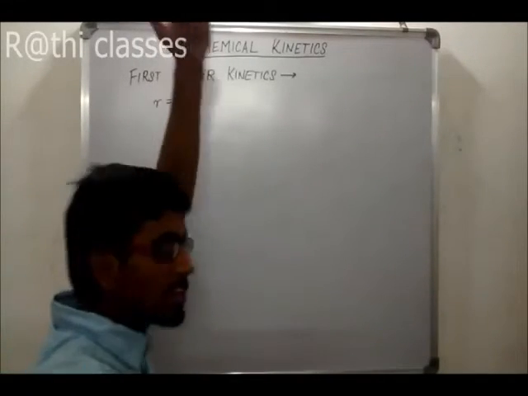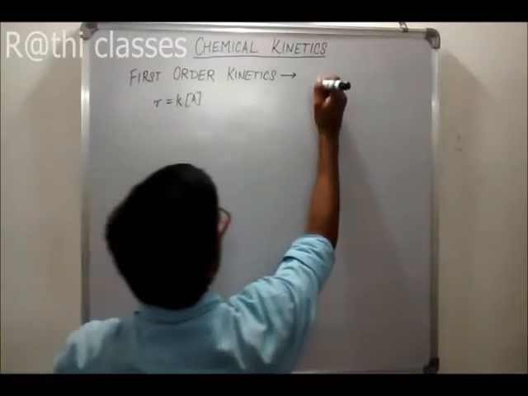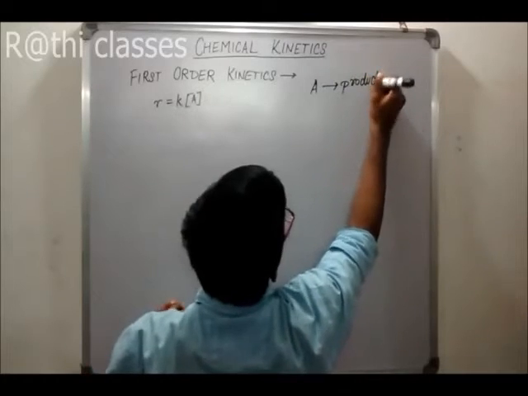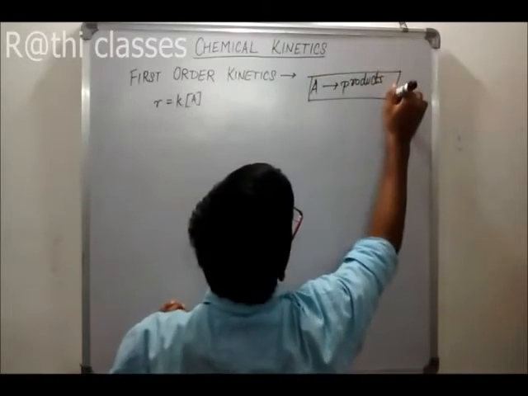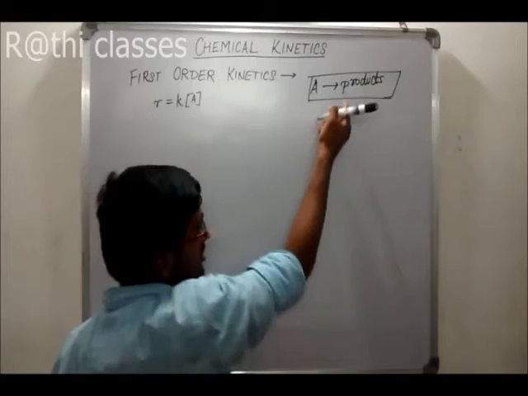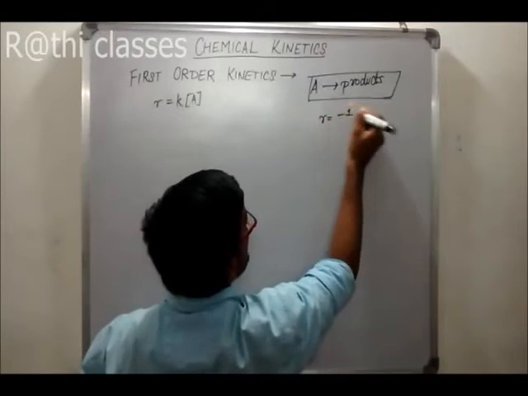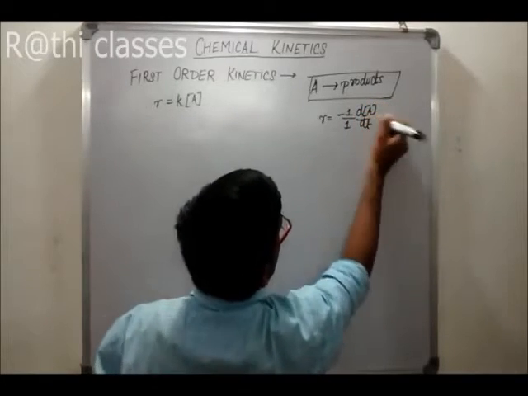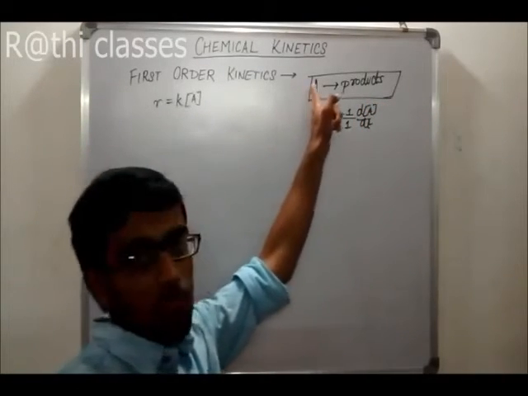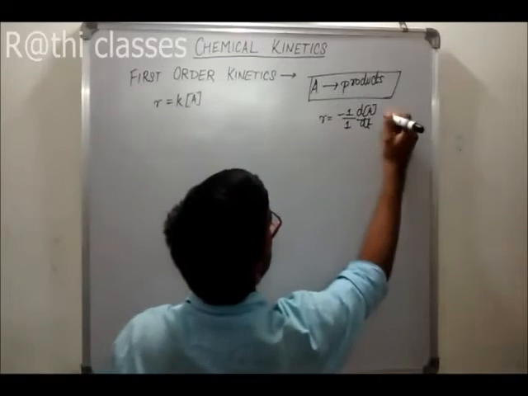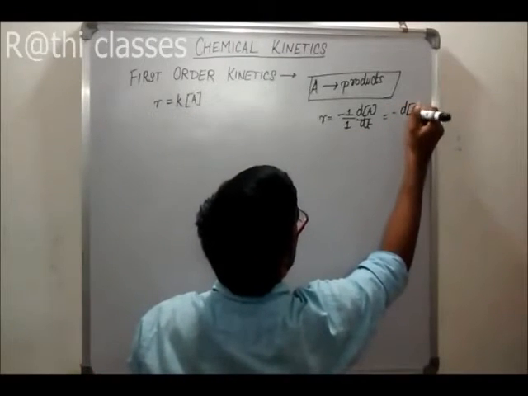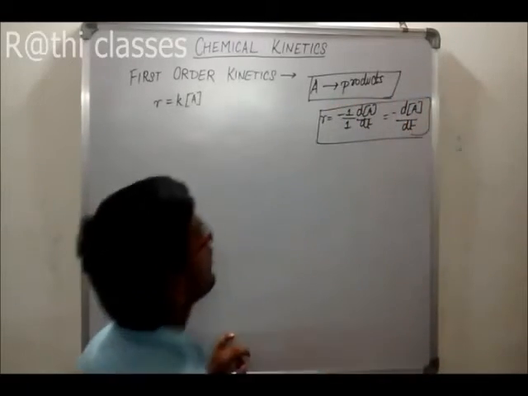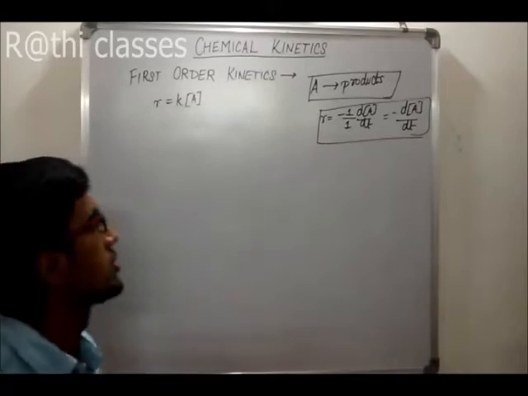And by the first definition, if you take the simplest reaction, A gives products, we define rate in this reaction as minus 1 upon 1 into dA upon dt, as the number of moles of A is 1. So it can be written as minus dA upon dt. The rate can be defined in this way for this simplest reaction A gives products.